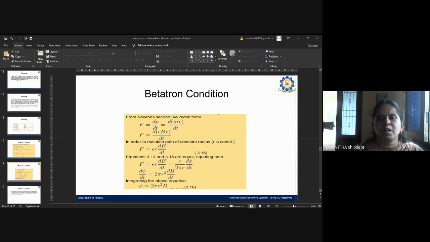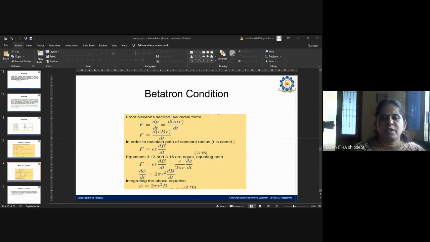Here, the current induces the magnetic field. That principle is used here also. From that, we have to calculate the Betatron condition. The Betatron condition is derived from Faraday's law of electromagnetic induction. Faraday's law says the EMF is equal to minus d phi by dt.